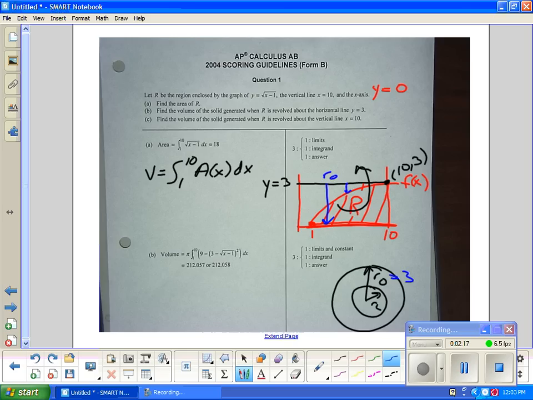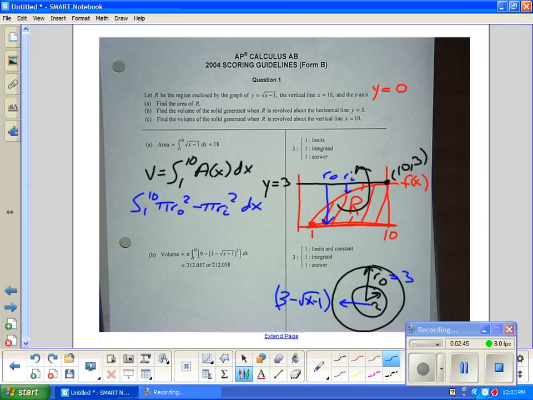R_I, and again, we get used to this, is 3 minus f of x, or 3 minus the square root of x minus 1. Think of that as one thing. Again, we know from washers we can start. I don't skip this step personally. I write it out every single time so I don't make a mistake.